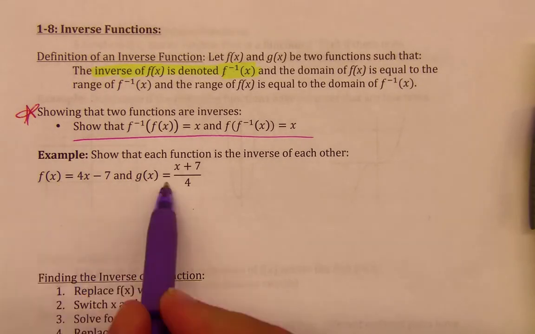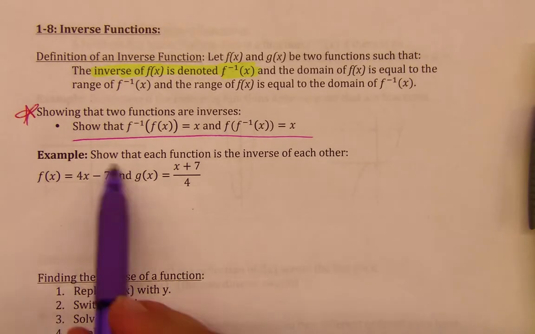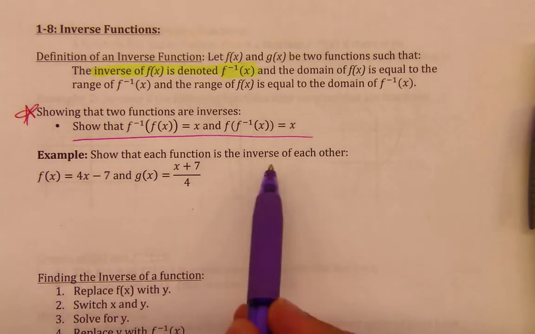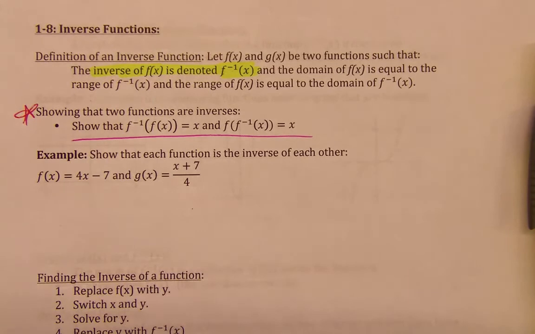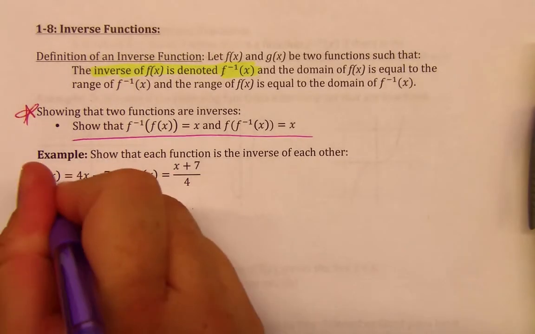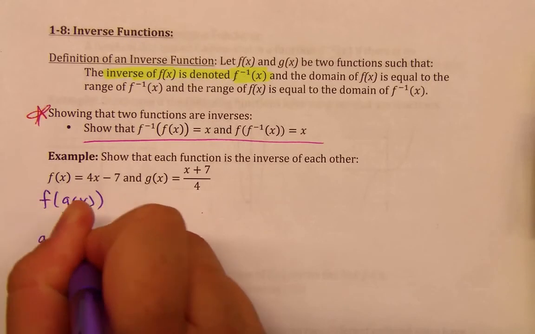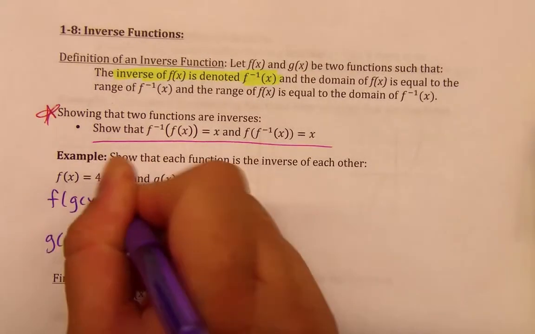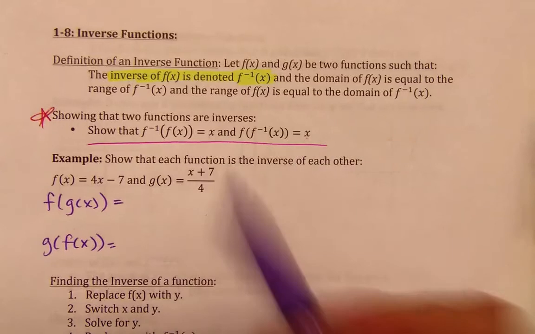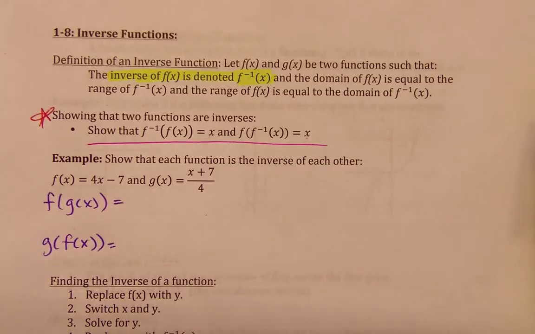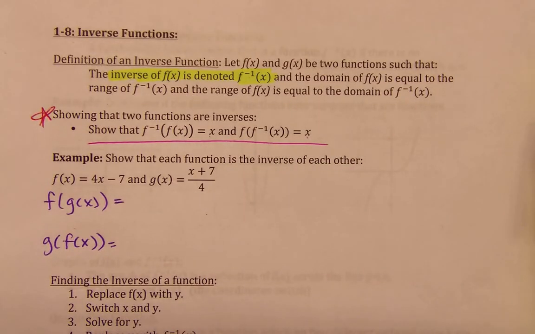And here we're given two functions, f of x and g of x, and we want to show that each function is an inverse of each other. So I need to do f of g of x, and then I need to do g of f of x. And if both of those equal x, then that means that these are in fact inverses of each other. Okay, so let's see here.